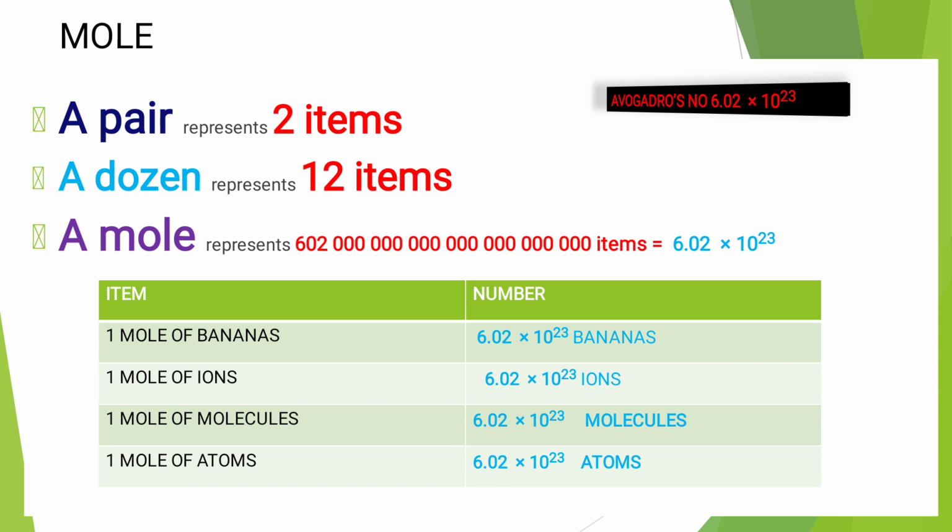So Avogadro's number in chemistry represents 1 mole, which is ideally 6.02 times 10 to the power 23.